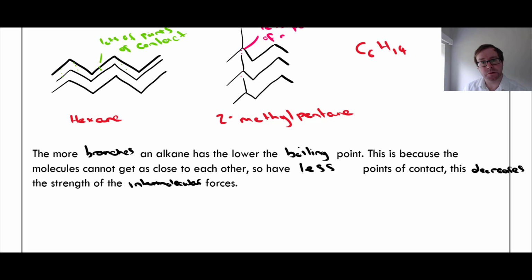And remember, when we're talking about boiling points of alkanes, we're talking about breaking these intermolecular forces. So not the actual molecule, it's the forces between the molecules. So if I have more points of contact, I increase the intermolecular forces, so this would have a higher boiling point. Less points of contact, therefore less intermolecular forces, therefore a decrease in boiling point.